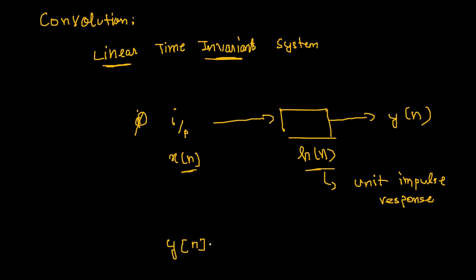Like I said, the output signal is given by convolution, which is denoted by this star, between your input signal and the unit impulse response, that is the function of the particular system.